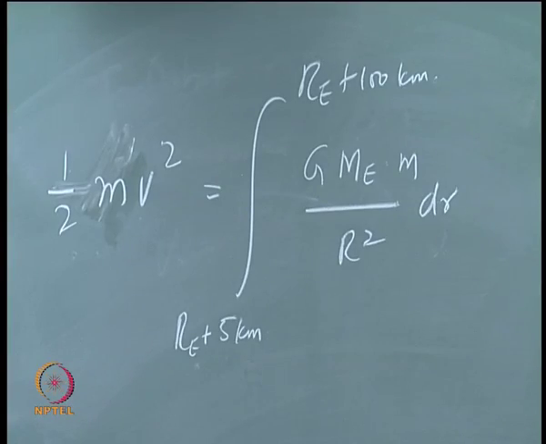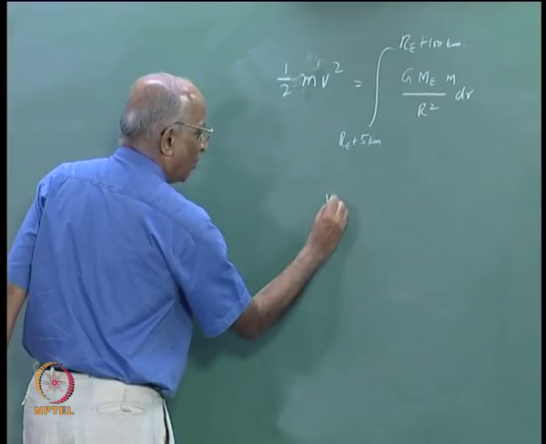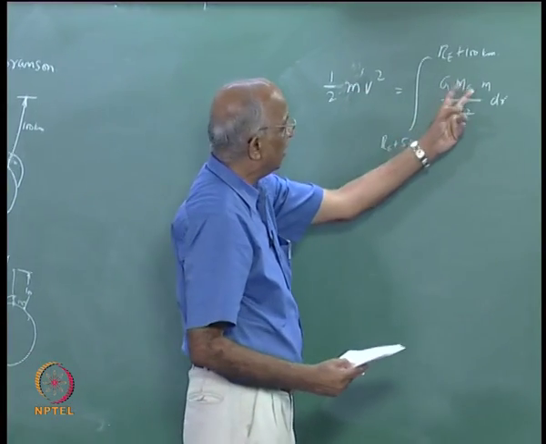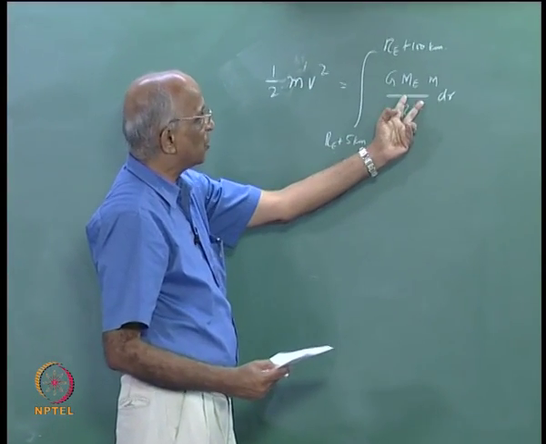And now how do I get this? I have to solve this equation and find out what is the value of v. The m gets cancelled, and G Me by r square integrates to minus 1 over r.